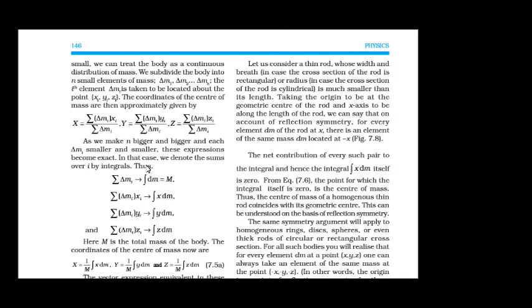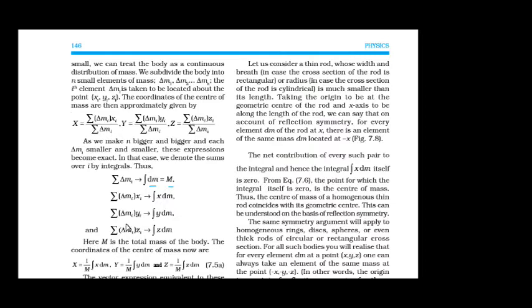In this case, we denote the sum by an integral. So we can write sigma delta mi tends to the integration of dm, which is equal to M. Again, sigma delta mi xi can be written as integration of x dm.